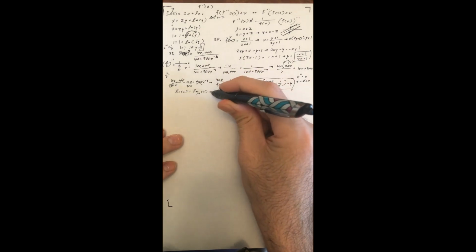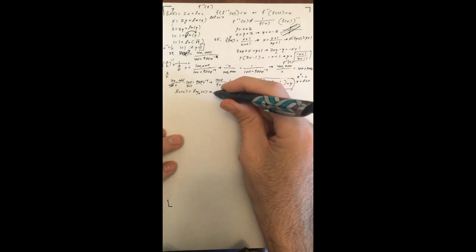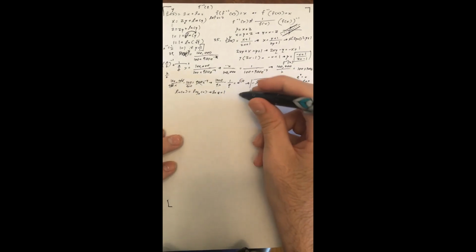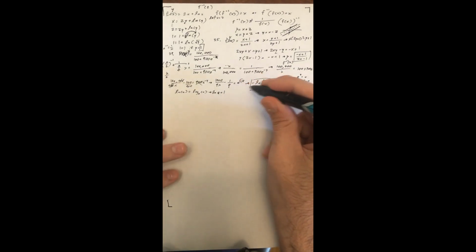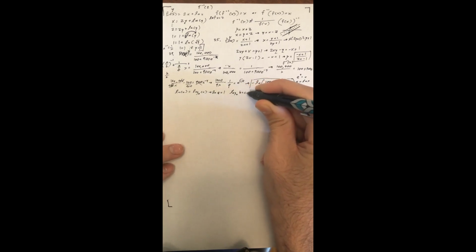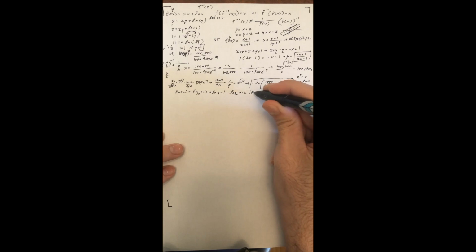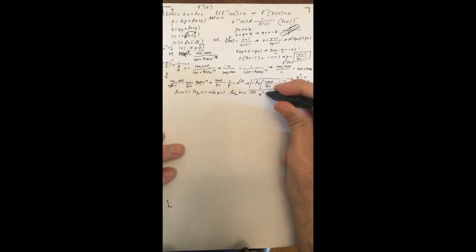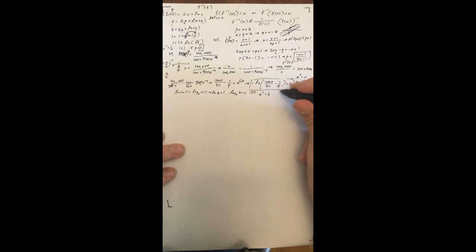That's why when you plug in natural log of e, you get 1, because a logarithm is defined like this: log base a of b is equal to c if and only if a to the c is equal to b. As an example, log base 2 of 8 is equal to 3 because 2 cubed is equal to 8.